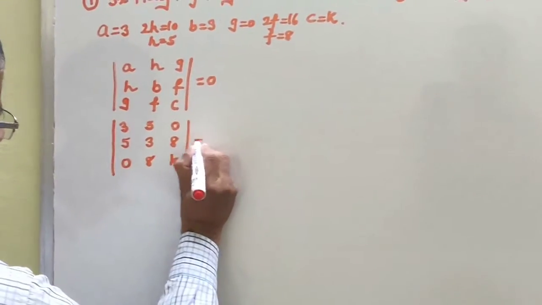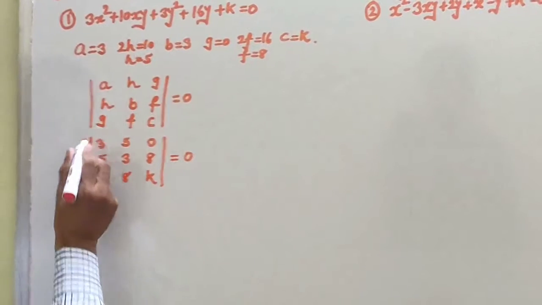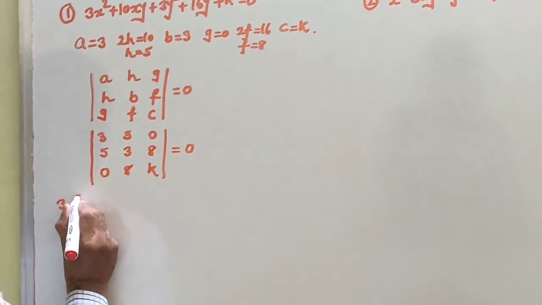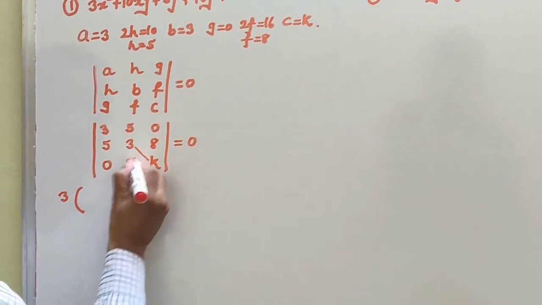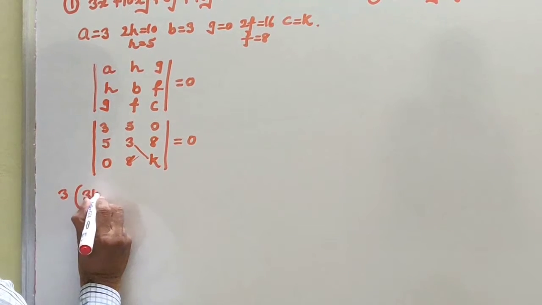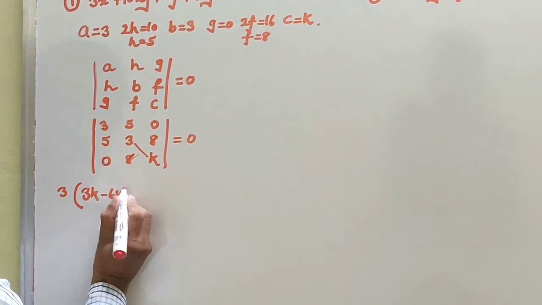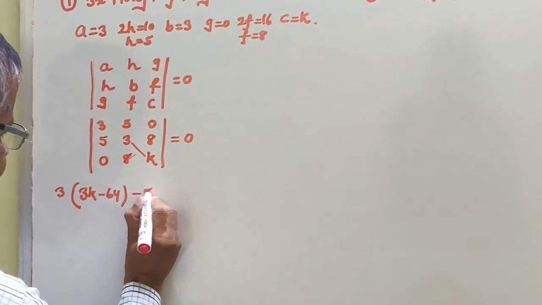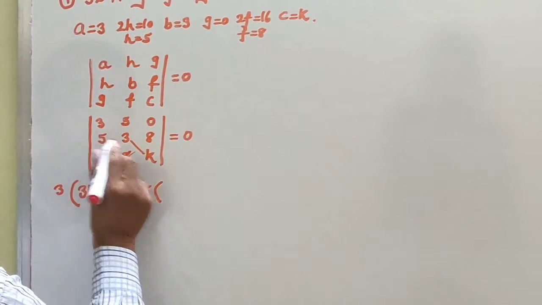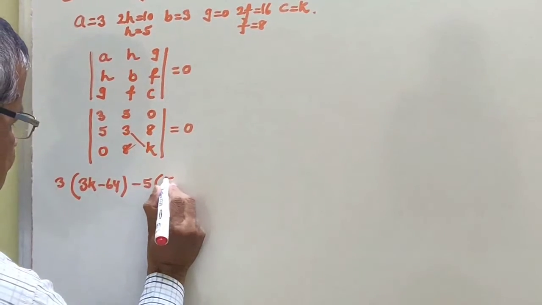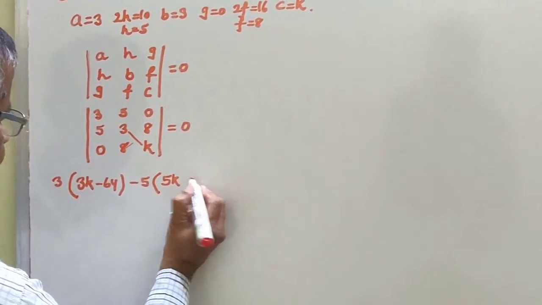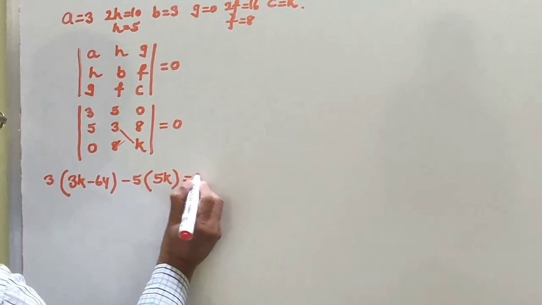You know how to find out the determinant. So I will take first 3, this will be 3k minus 64. Then minus 5 will come here. Now I will solve this one: 5 into k is 5k, equal to 0.